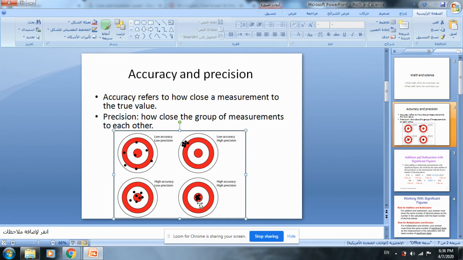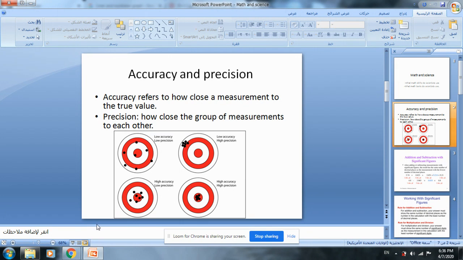Because the measurements are close to each other and grouped on the target. So again, low accuracy, low precision, low accuracy, high precision, high accuracy, low precision, and here we have high accuracy, high precision. Okay, I hope everyone will read the definitions and understand them before studying these figures.